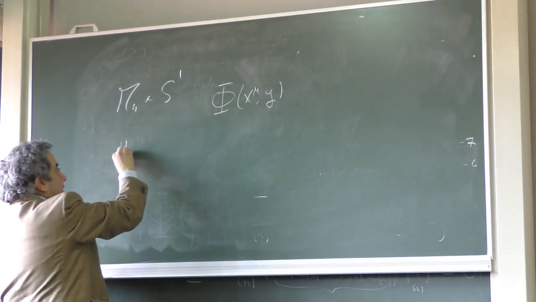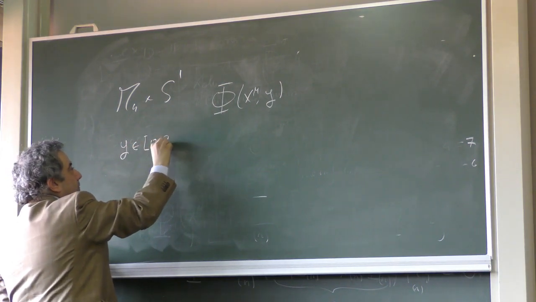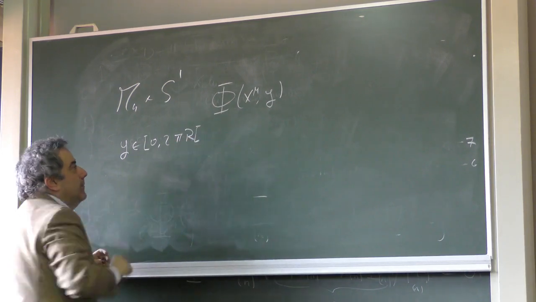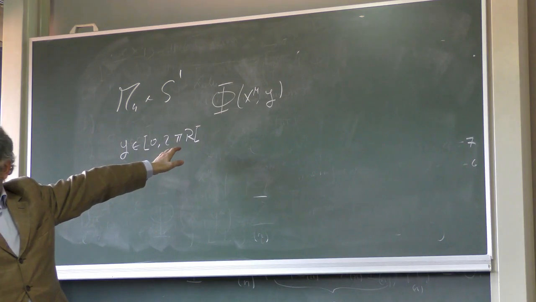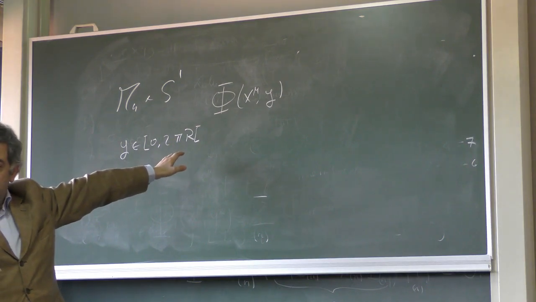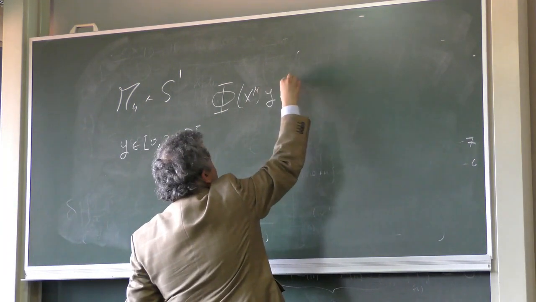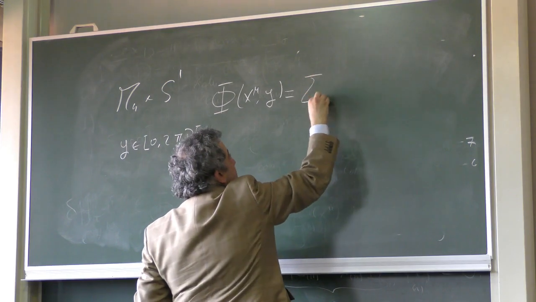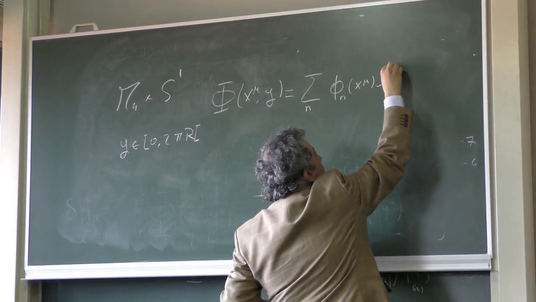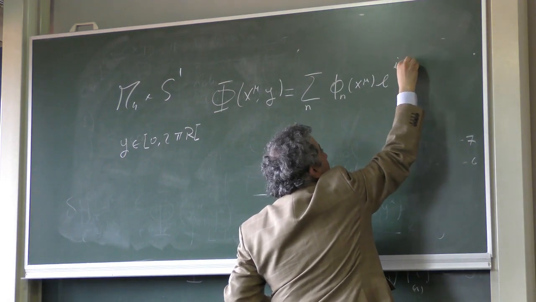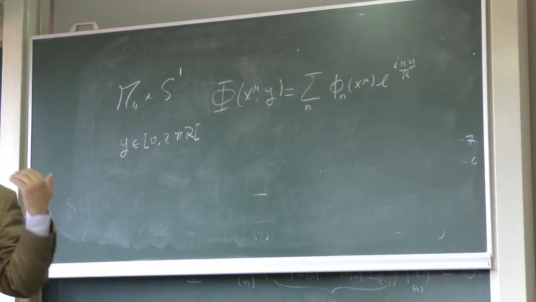This coordinate y belongs to an interval; it is the affine coordinate along the circle, and r is the radius of the circle. Since it's a compact coordinate on an interval, I can always Fourier expand, e to the i n y over r, running from minus infinity to plus infinity.